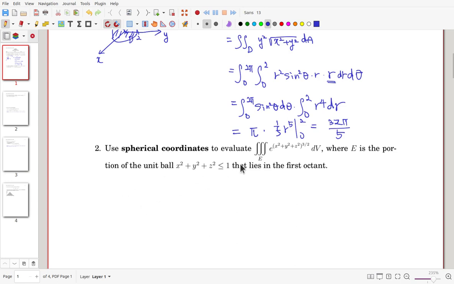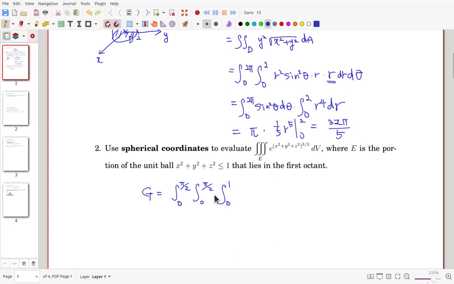And this is definitely a spherical region, so the outermost integral is phi from 0 to pi over 2, theta is the middle one from 0 to pi over 2, and then rho is from 0 to 1, right?